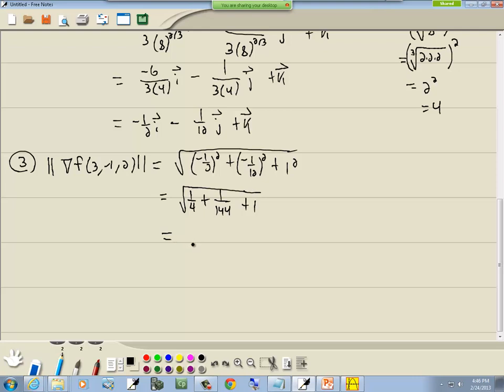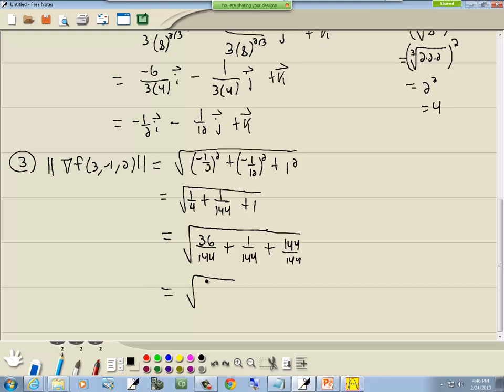And I guess I want all of them to have the same denominator. That's probably the easiest way. So here I multiplied the bottom part by 36, so I multiplied the top part by 36. Plus 1 over 144 plus 144 over 144.